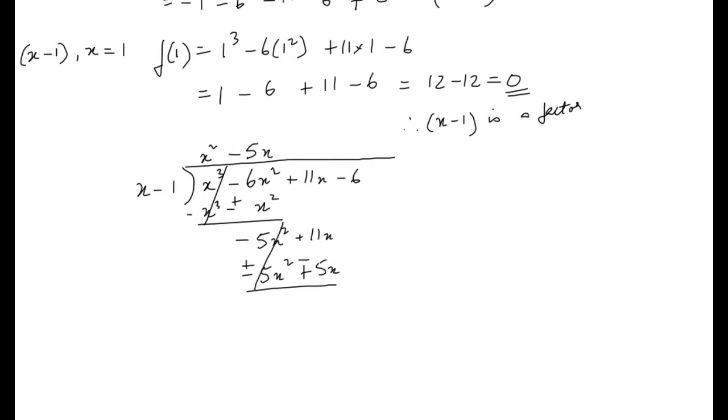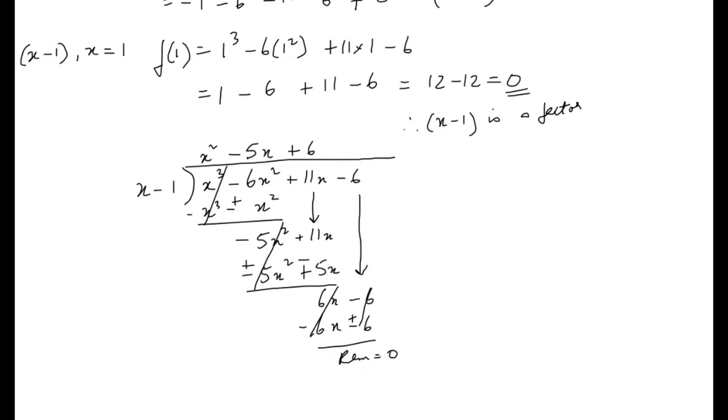11 minus 5 is 6x minus 6. x goes 6 times, so plus 6. 6x minus 6, minus plus, everything cancels, remainder is 0.